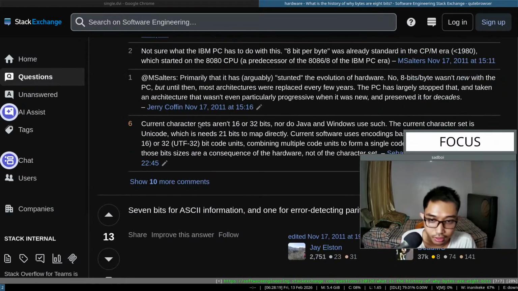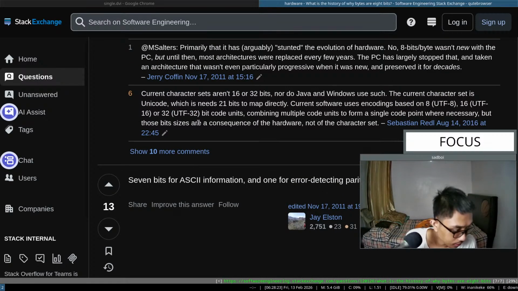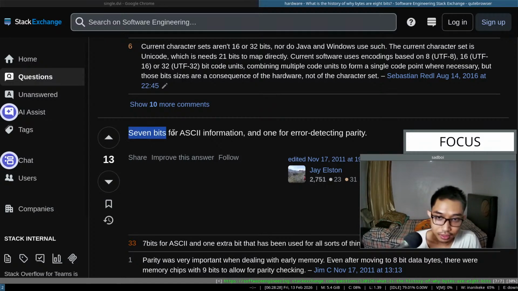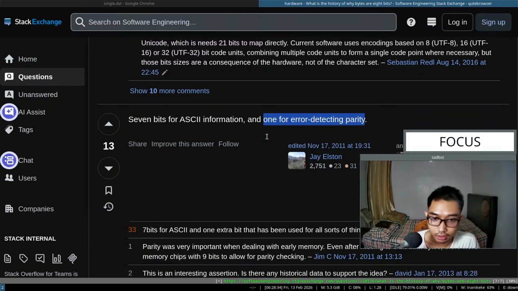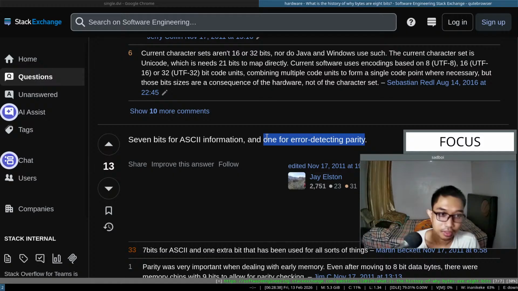Again, this is just a hypothesis. Seven bits for ASCII information and 1 for error-detecting parity. We are learning history too.